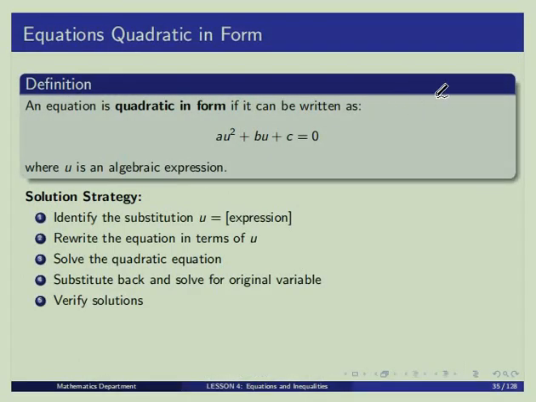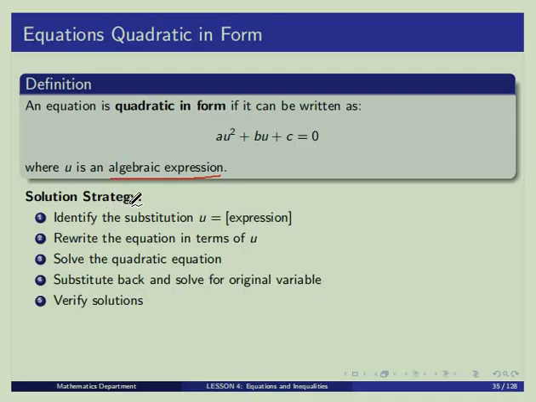Then we've got next, quadratic form equations. An equation is quadratic in form if it can be written as a u squared plus b u plus c equals 0, where u is an algebraic expression.